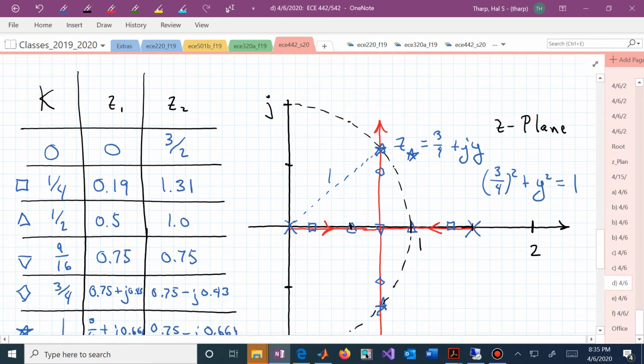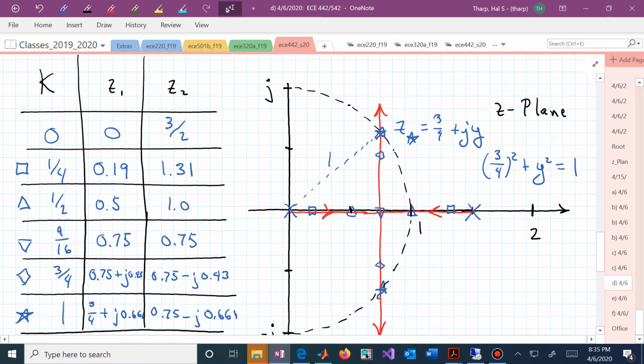And now we're trying to figure out, how does this red diagram, the root locus diagram, why do we know that it in fact does exist between 0 and 1.5, and the two branches meet halfway between those two poles?